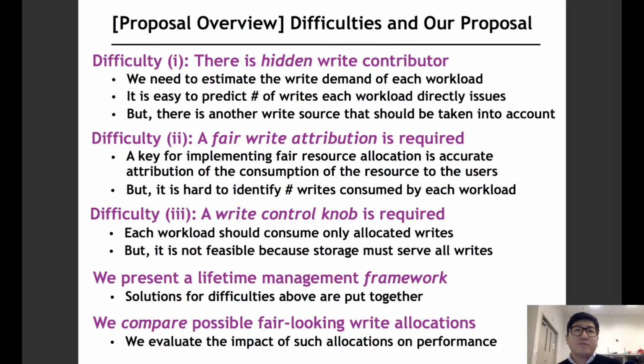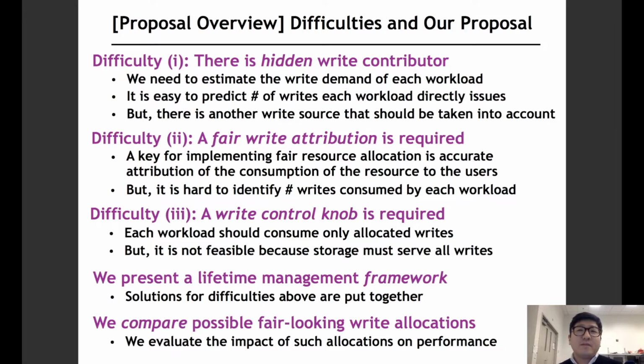In solving the write allocation problem, we face various difficulties. First, there is a hidden write contributor. To allocate writes, we need to estimate the write demand of each workload. And it is easy to predict the number of writes each workload directly issues. But there's another write source that should be taken into account. Second, a fair write attribution is required.